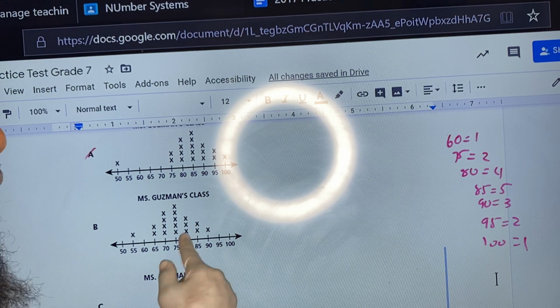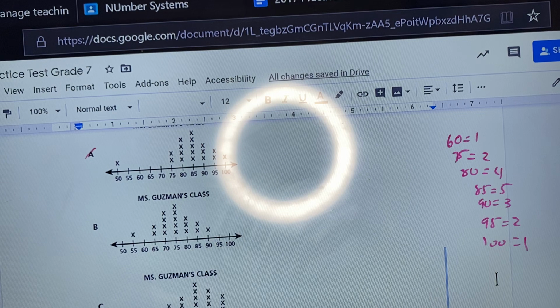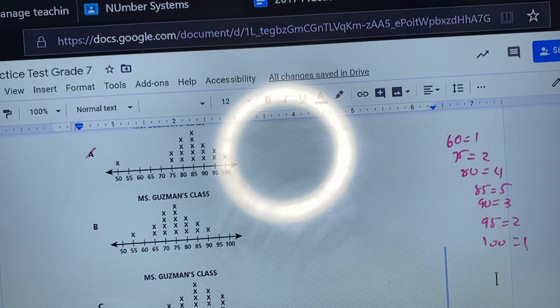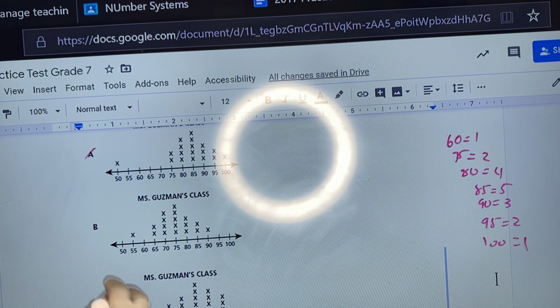So 3 students got an 80 as opposed to 3 students getting a 90. Comparing these numbers, we can already tell that Mr. Duffy's class would be higher, and we want Miss Guzman's class to have a high average. So this wouldn't be it either.